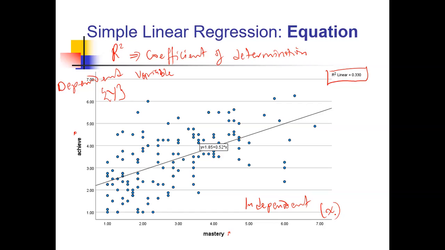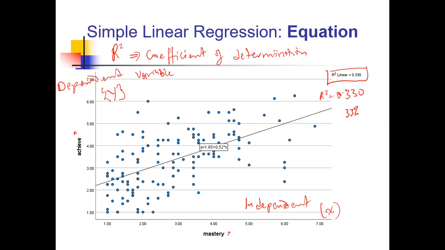When you're interpreting this, you frame it in the context. So in this context, using an R squared of 0.330, if you convert that to a percentage, that would be 33%. So we could say that mastery explains 33% of the variation in achievement.